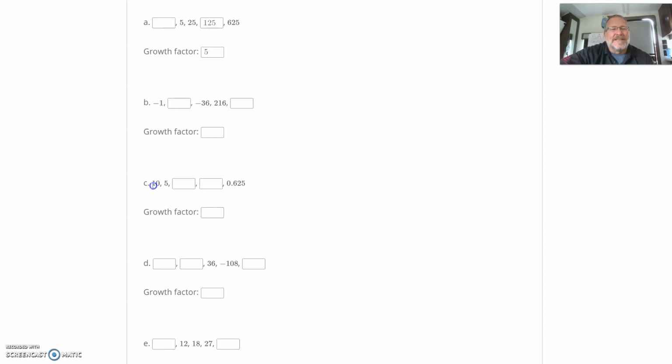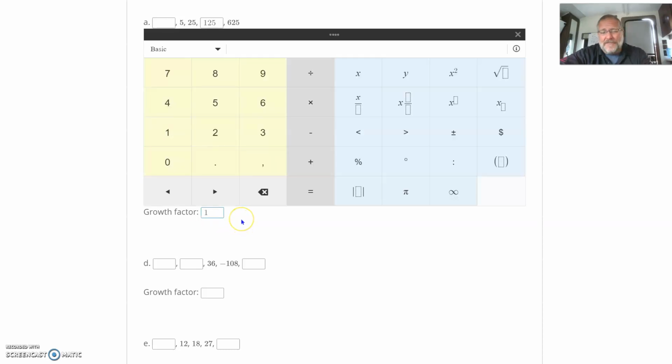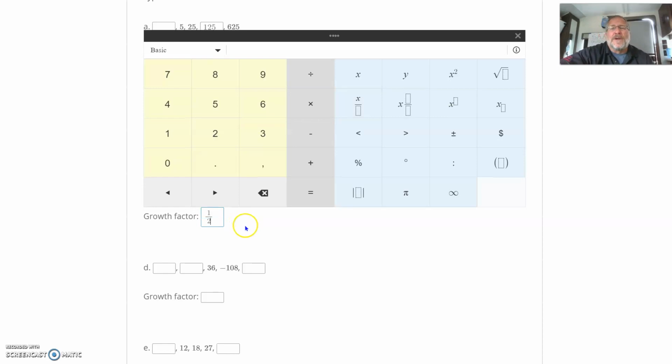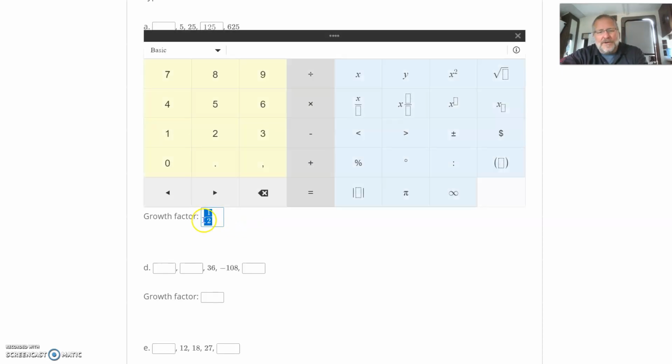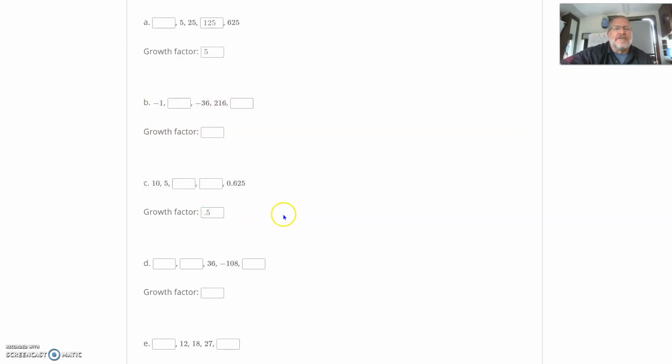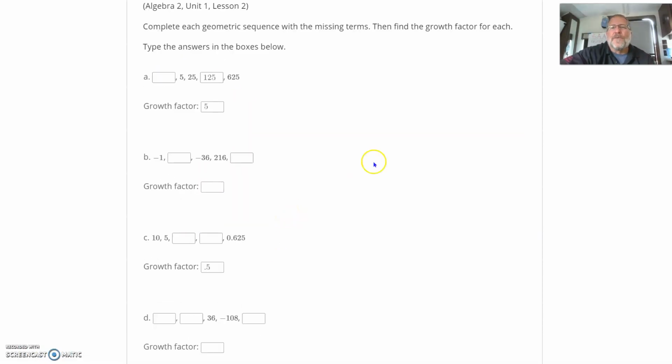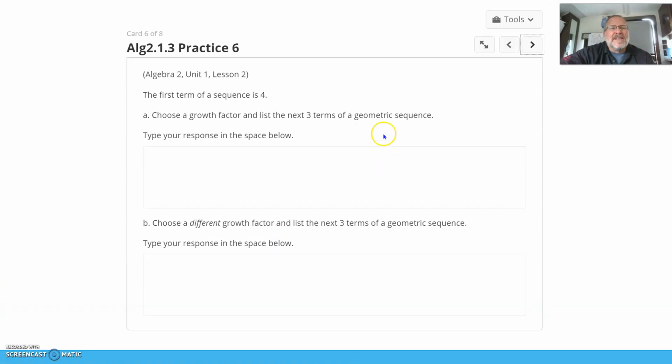For instance, here, 10 gets to 5 in a geometric series by multiplying by a half. I'm not sure if it'll accept 1/2, but if I see you put 1/2 in and it doesn't give you credit, I'll give you credit. You also could put 0.5 and it should work. Cool? Moving on.